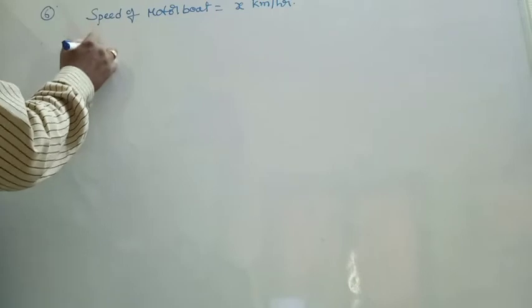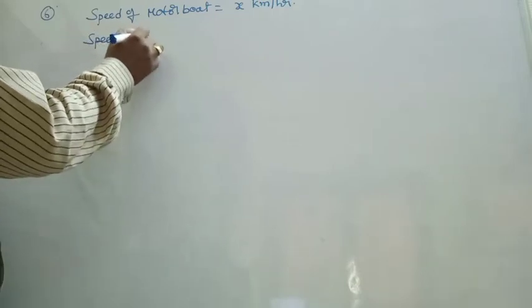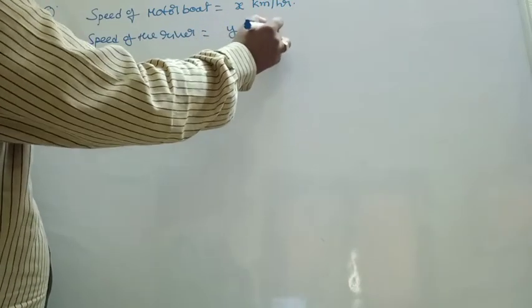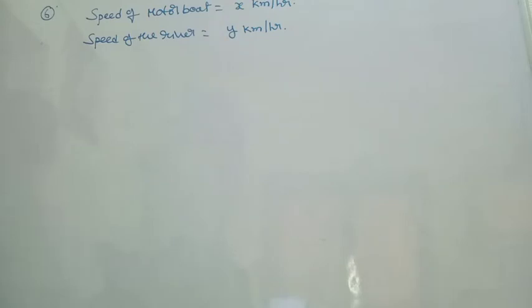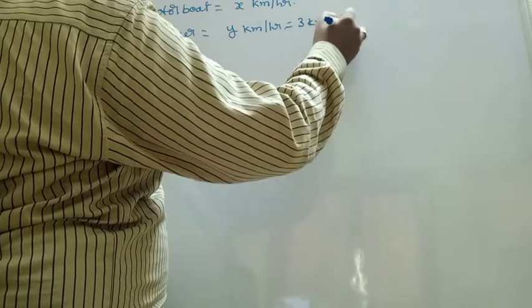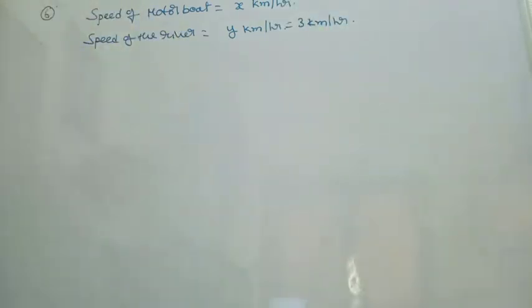The motor boat heads upstream a distance of 24 km on a river whose current, that means the speed of the river, let us take as y kilometer per hour. That is given as 3 km per hour. So y is 3 km per hour, the speed of the river.